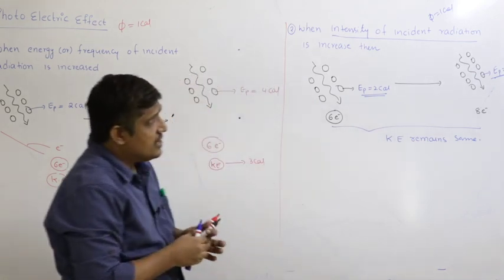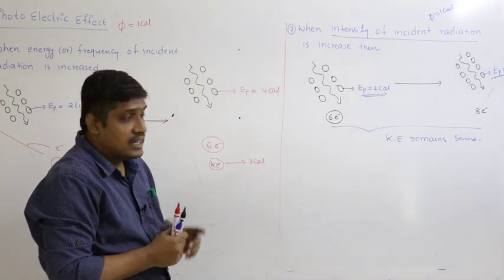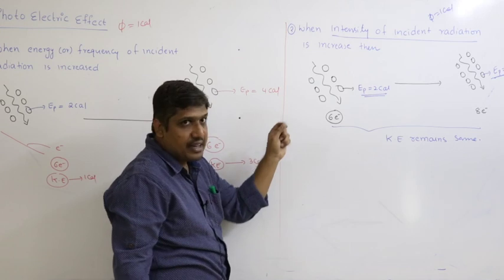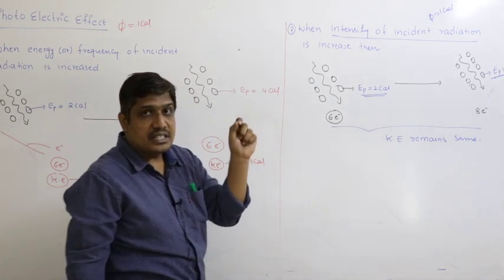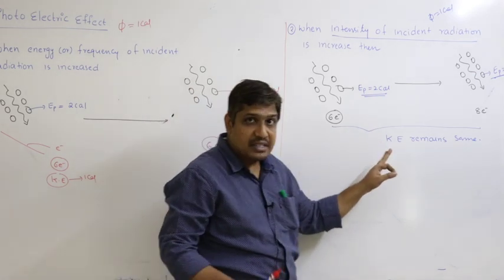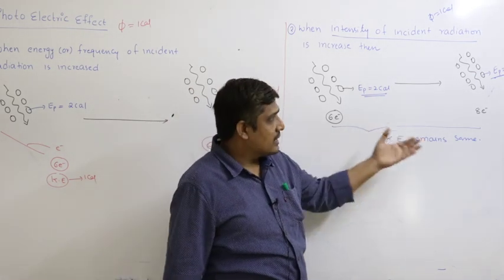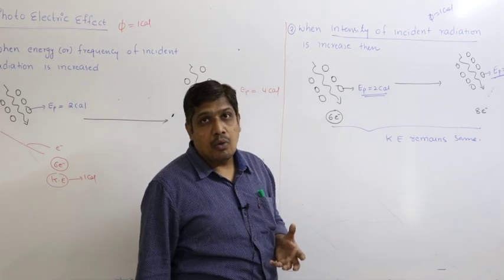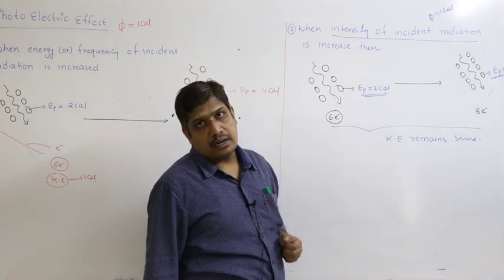When intensity of incident radiation increases, the number of photons emitted increases, but the energy of photon remains the same. Hence, kinetic energy remains the same, but photoelectric current increases because you have more photoelectrons.